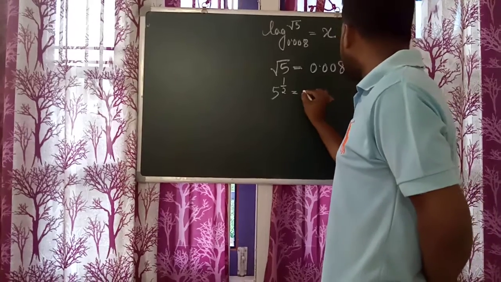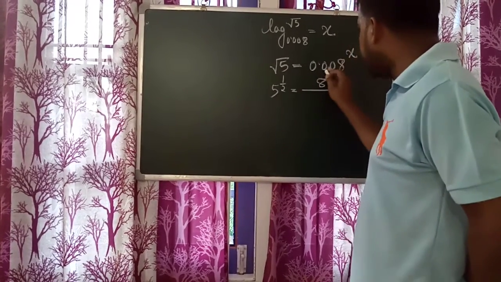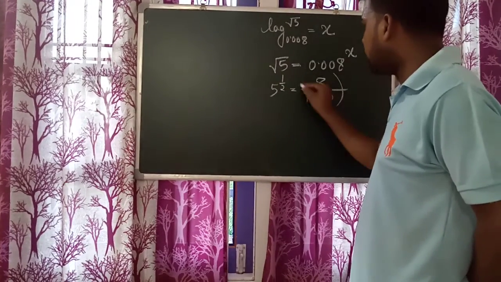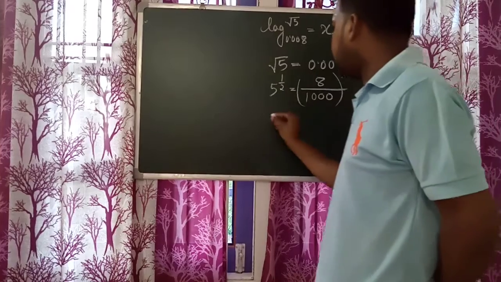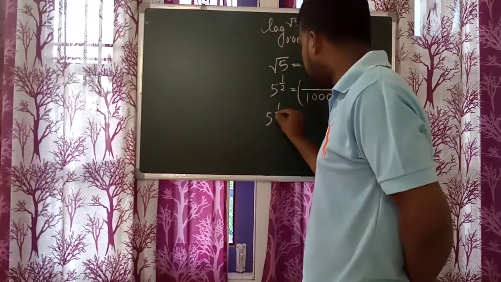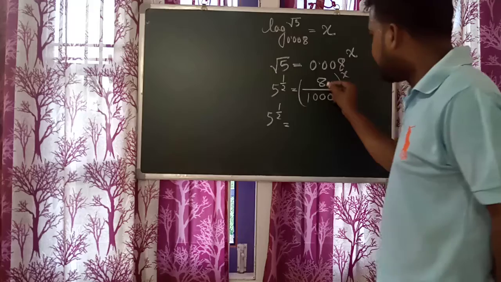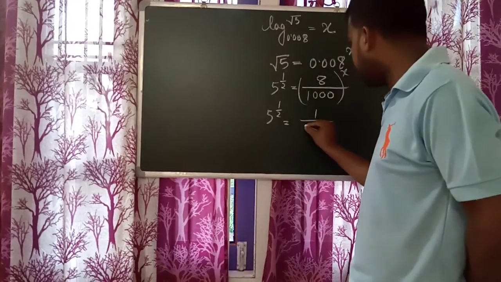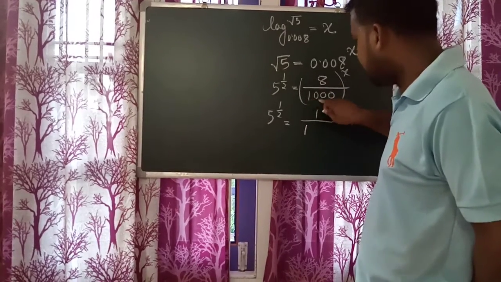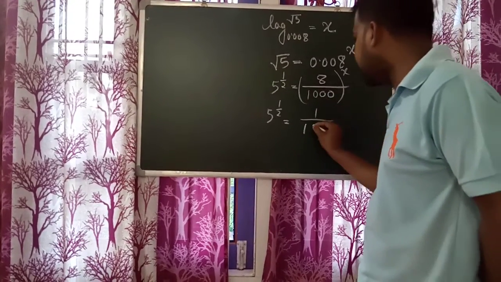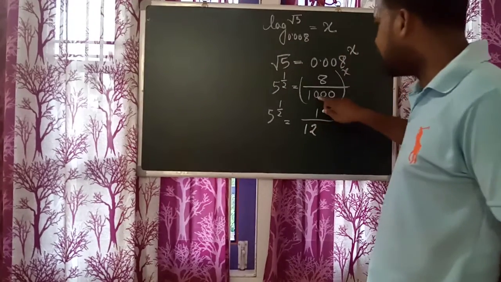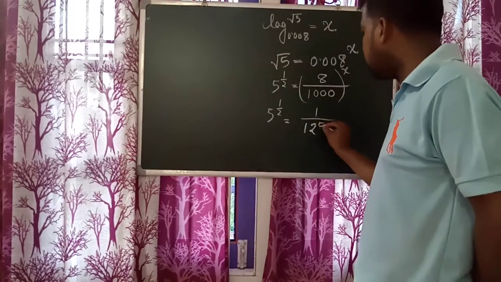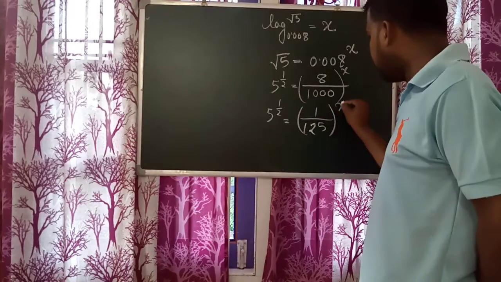This 0.008 can be written as 8 by 1000, and we can cut it with 8: 8 ones are 8, then 2 left, 20, 8 twos are 16, then 4 left, 40, 8 fives are 40. So it becomes 1 by 125, to the power x.